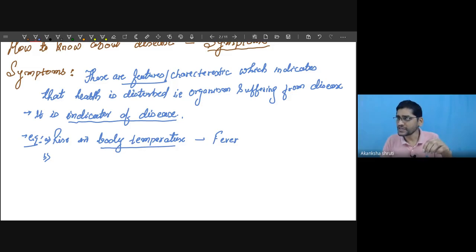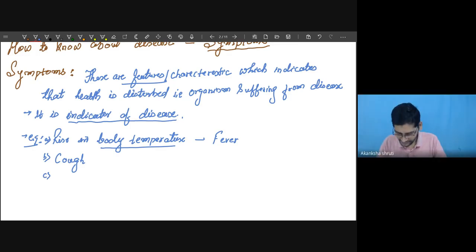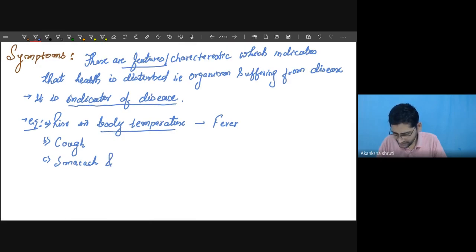Like, if the person along with the fever is having a cough, and that cough is sustained for a very long time, then he might have some other kind of disease rather than common cold. Cough is the common feature for common cold. The third one, stomach ache or headache, good. So maybe stomach ache and headache.